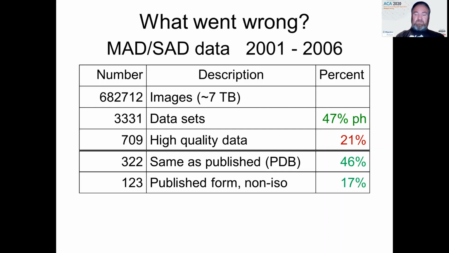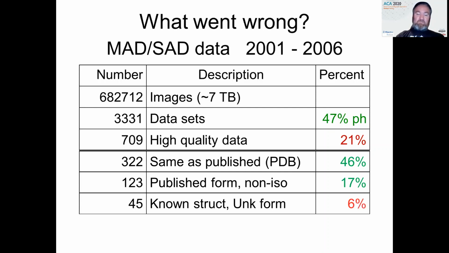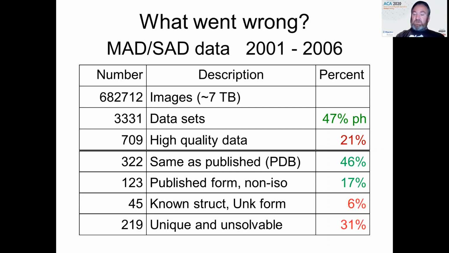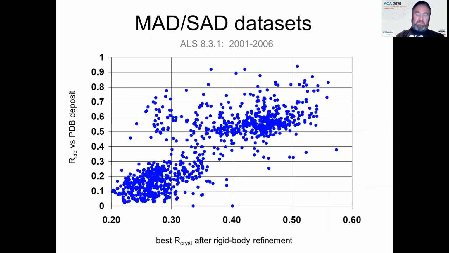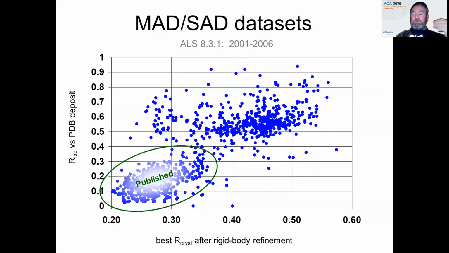Another 1 out of 5 or so were also published, but in a different form from the one we had at the beamline. But a lot of them were unknown, but also unique. Showing this graphically, if you try doing a molecular replacement rigid body refinement on the closest things in the PDB, you find that for some, the R factor is nice and low, and the R iso, the R factor between the data in the PDB and the data on disk, is also low.